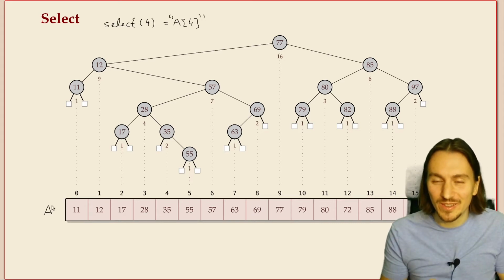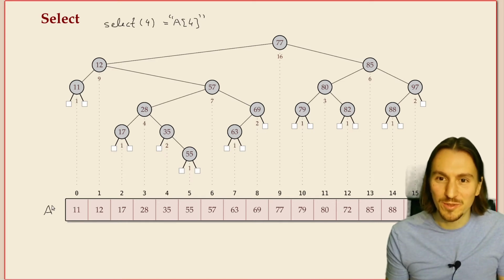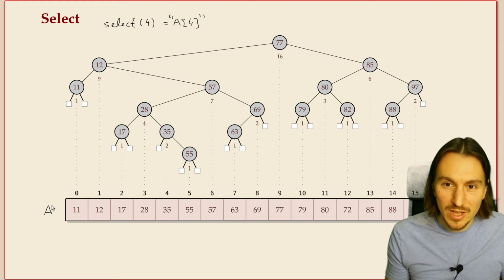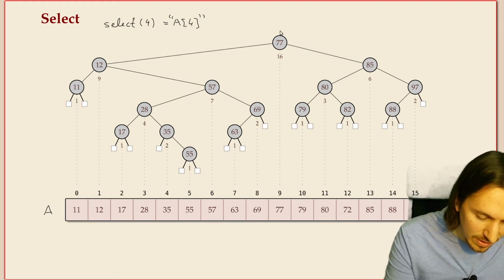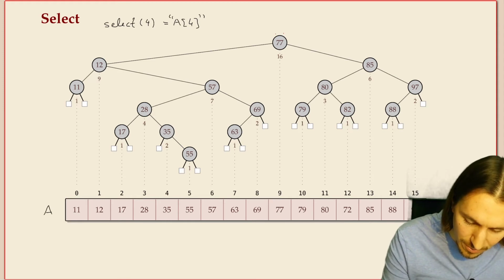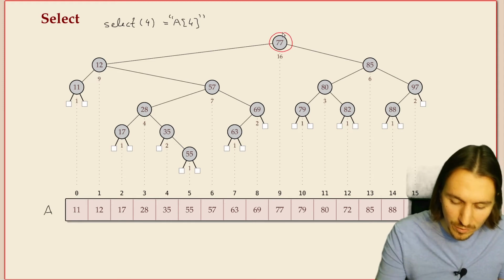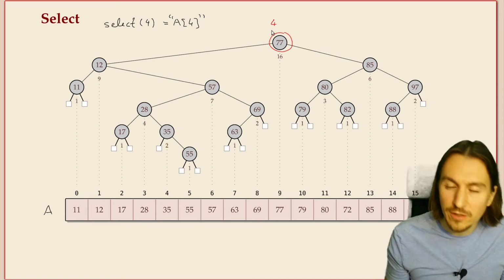It's only imaginary. It's only in our illustration. We don't really have that in memory. But we would like to find the 4th smallest element. So what we do is we start at the root, and we're looking for rank 4.